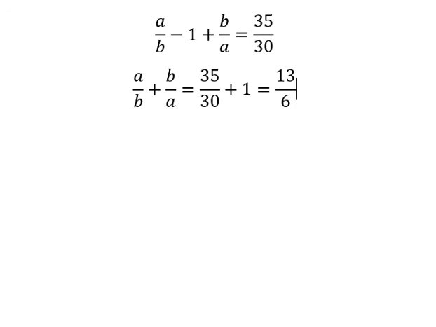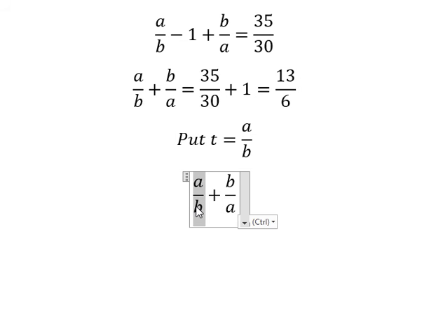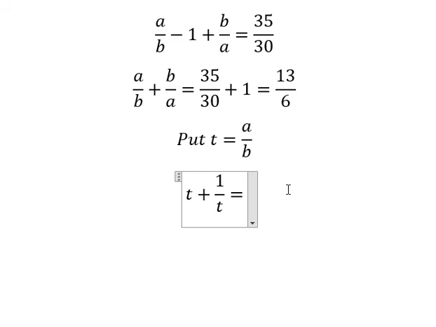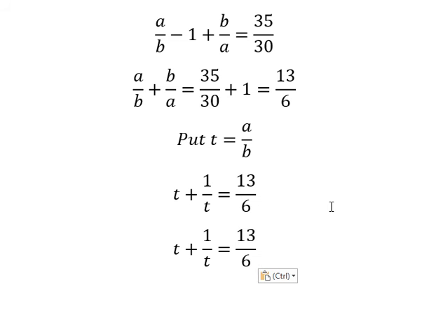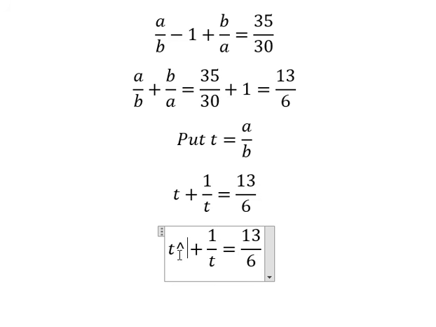Now I can put a small t in here equals to a over b. So this one is about t. This one is about 1 over t equals to 13 over 6. Now we need to multiply t on both sides.